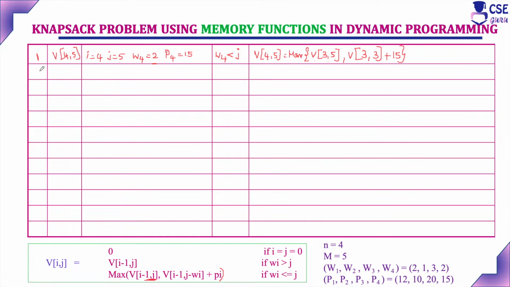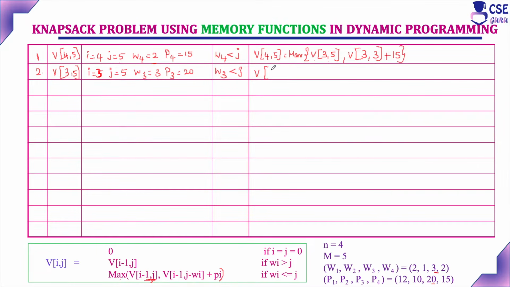So step 2, we need to compute V of 3 comma 5. So here I value is 3 and j value is 5. And the weight of the third object is 3, profit of the third object is 20. So W3 is 3 and profit of the third object is 20. And here W3 less than J. The same formula we have to apply.